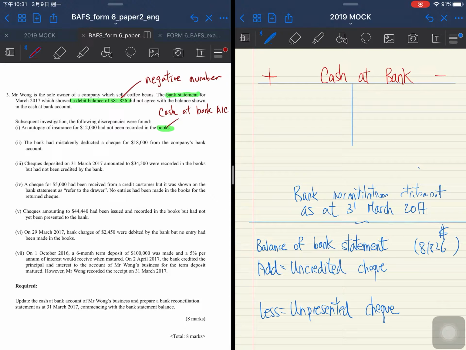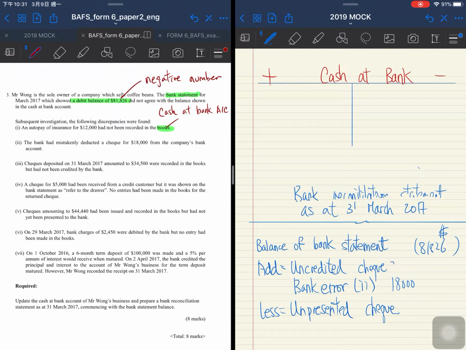Because it is a bank error, we have to add the bank error, which is 18,000.